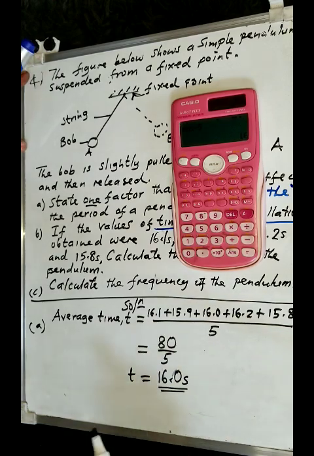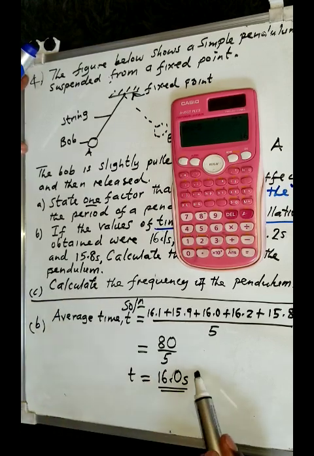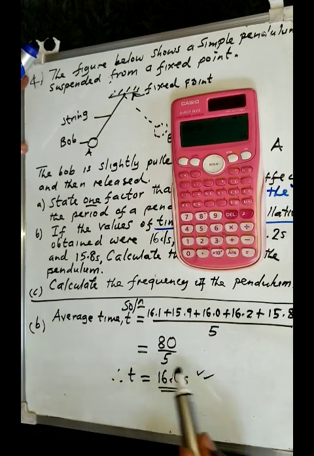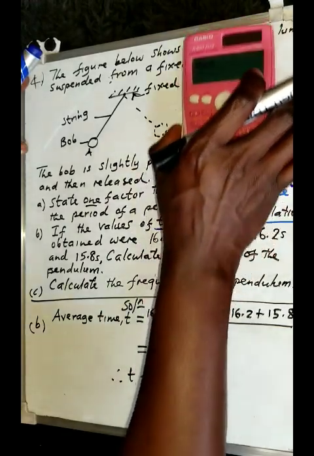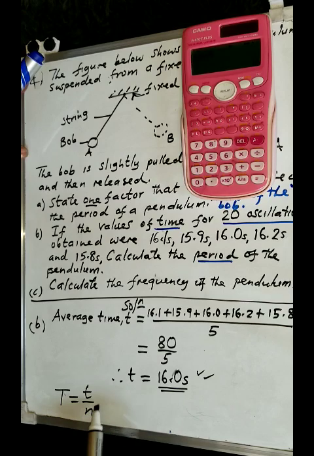So once you get that, this is the B part we are solving. So this is the average time. You can now use this average time to calculate the period of a pendulum, because you know that period is equal to time over the number of oscillations.